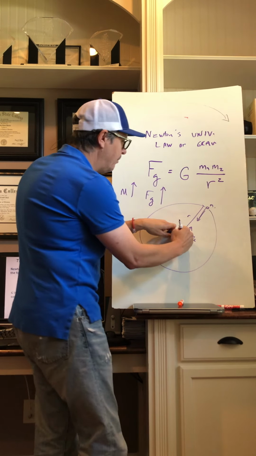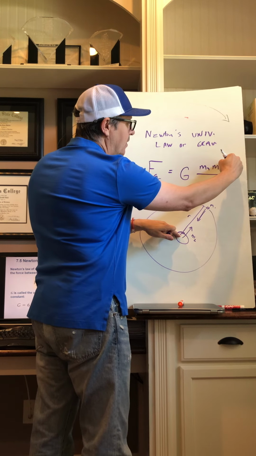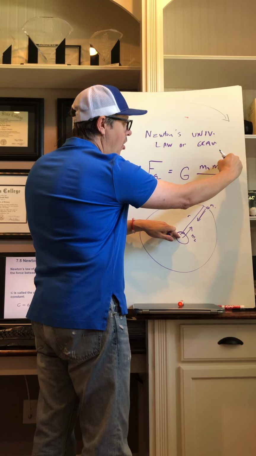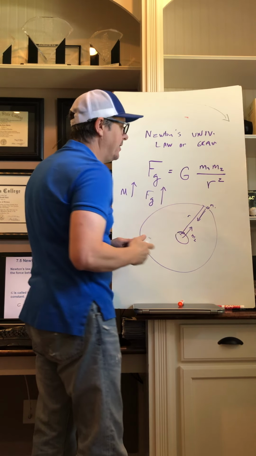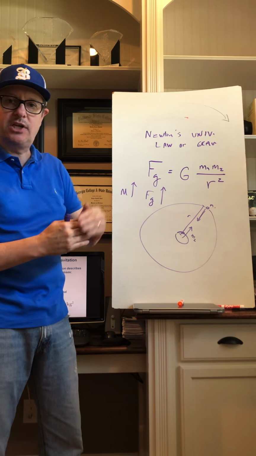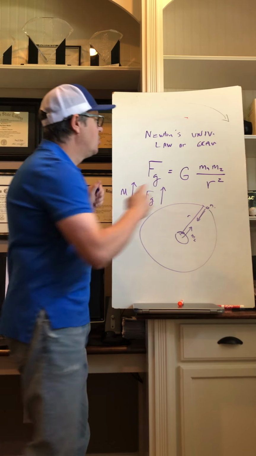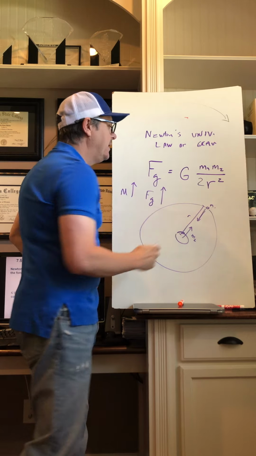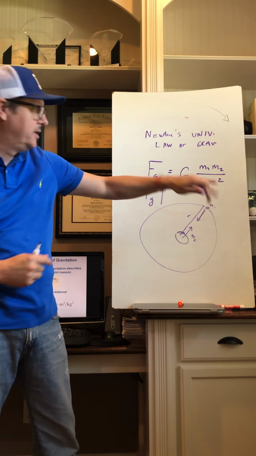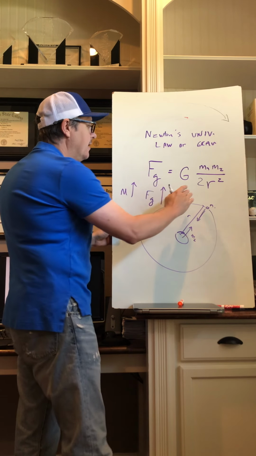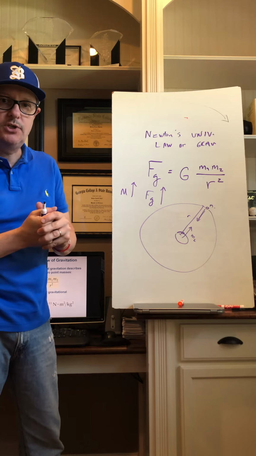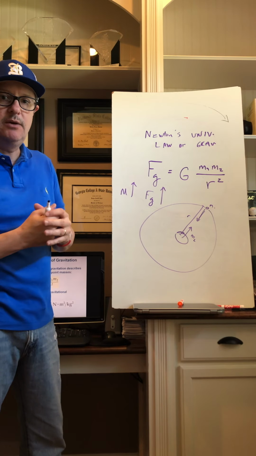If I were to double the radius of the moon out here, instead of being r, if it was 2r out here, well, that would not just double this number right here, it would actually quadruple it, because 2r squared would be 4. 2 squared is 4. It would quadruple this number, which in turn would make the gravitational force go down by a factor of 4, not just 2, not just half it. It would go down by 4.